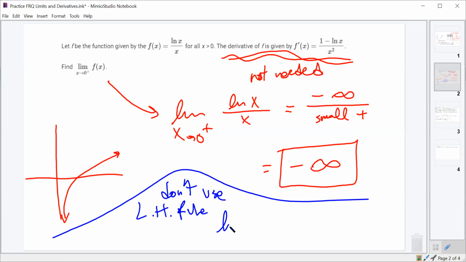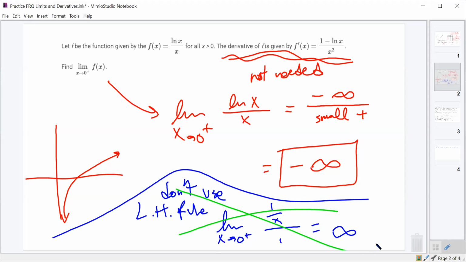But if we were to try to, what would we get? We get 1 over x over 1. And what would that give us? Infinity. It'd give us a positive infinity, and we do not want that, right? This was not infinity over infinity, and it was not 0 over 0. It was an infinity over very close to 0. Right? So this, not good.